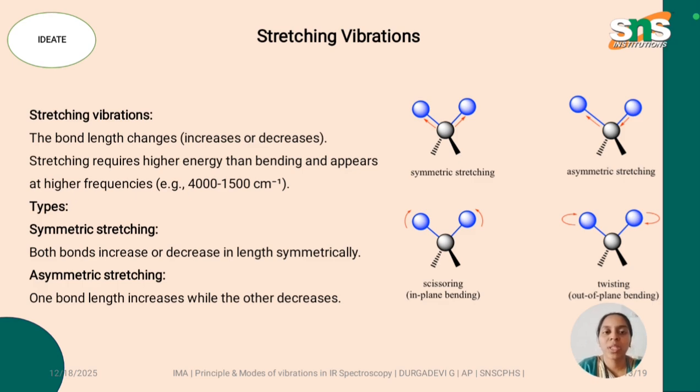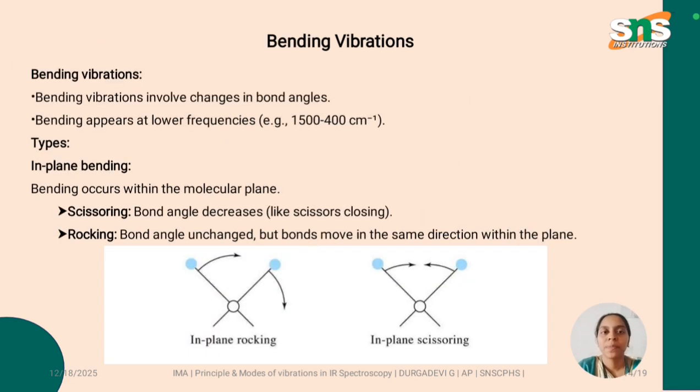In asymmetric stretching, one bond length increases while the other decreases. Symmetric stretching can be exhibited by molecules with similar atoms connected to a core one, whereas in asymmetric stretching 2 different atoms are connected to a carbon, so they will have different bond lengths.